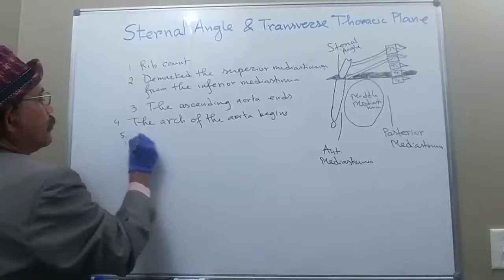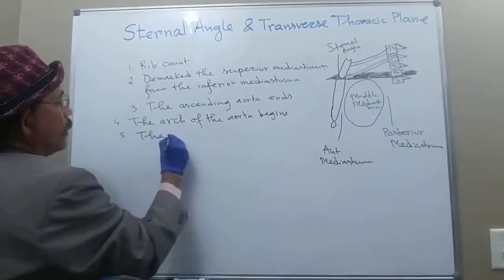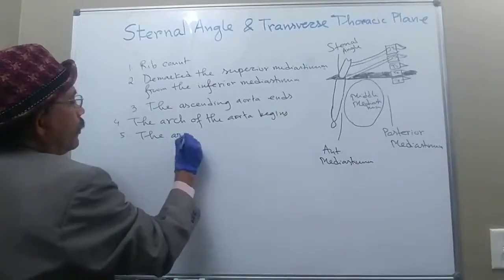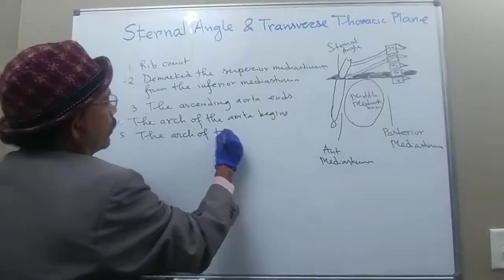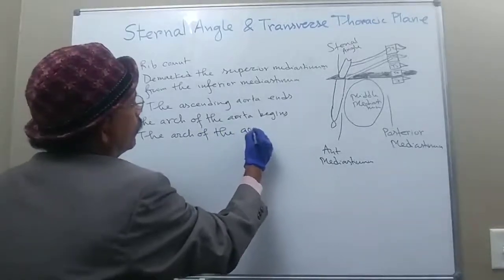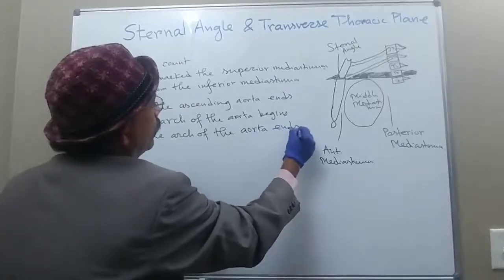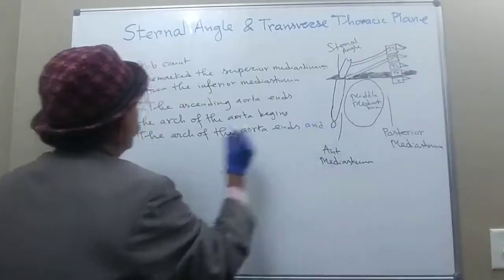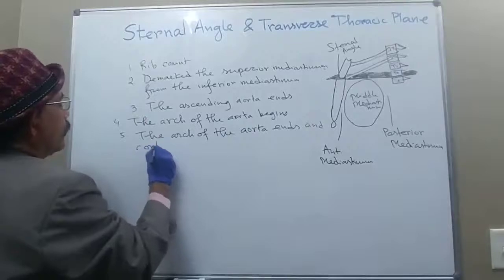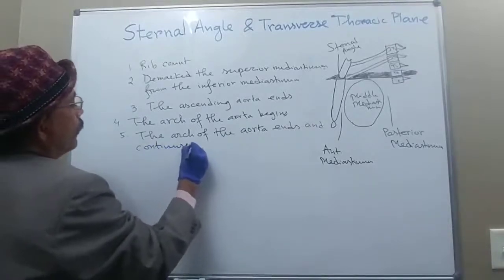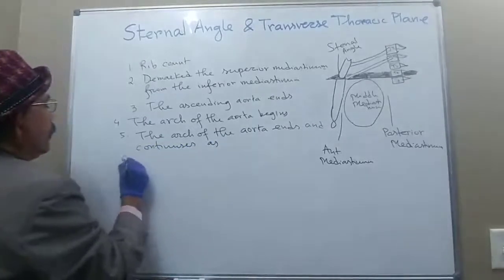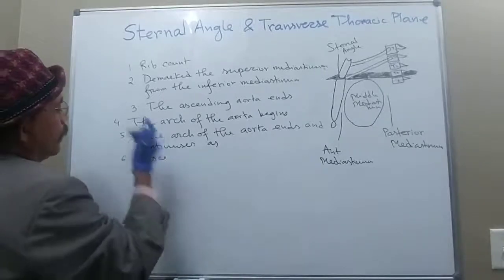Then the arch of the aorta ends and continues as the descending thoracic aorta.